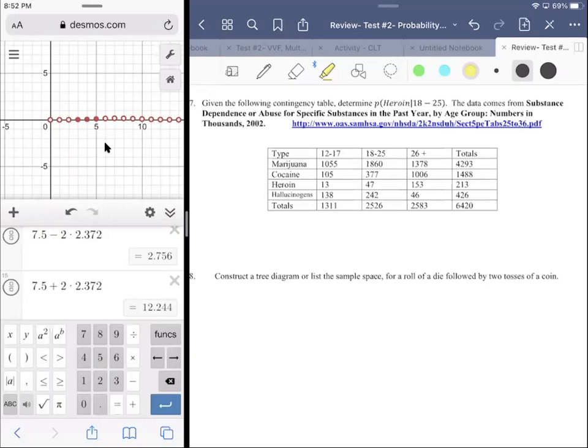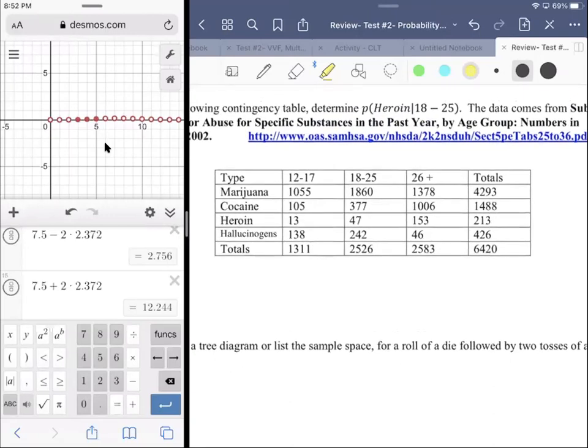So, it's kind of morbid that I'm using this as a question on an assessment because it's kind of serious business, but it is what it is. All right. So the given is the 18 to 25. So that's this column.